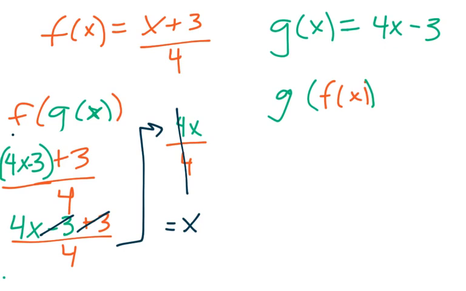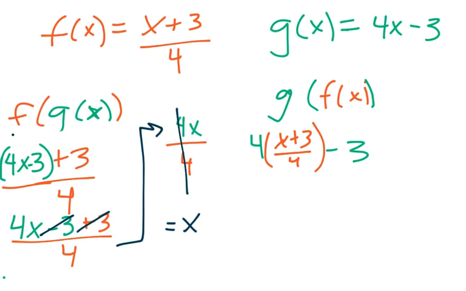And so if the green one is on the outside, I take the time to write that one first. And then we erase the x and put the other function, which I did not leave a whole lot of room for, so I'm going to move my 4 over here. And then x plus 3 divided by 4.